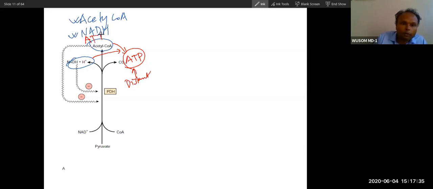So acetyl coenzyme A, NADH and ATP, all these three products will inhibit the reaction. These two products will inhibit through feedback inhibition, but ATP inhibits in a different manner.